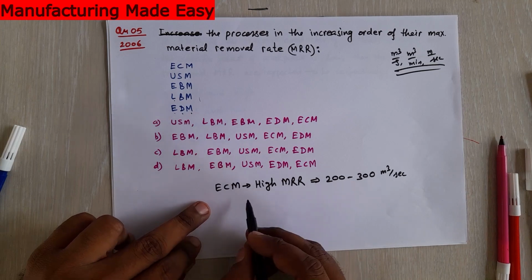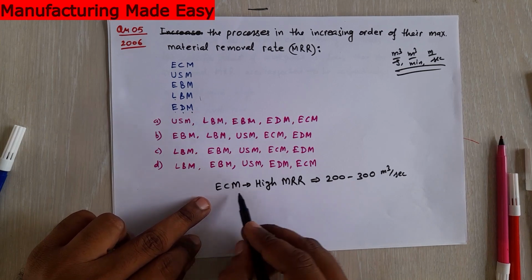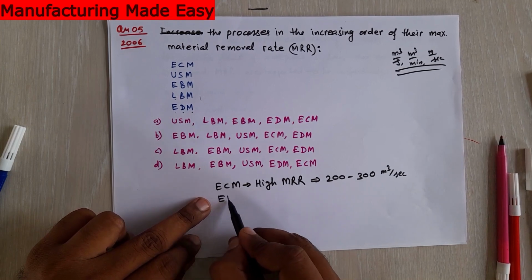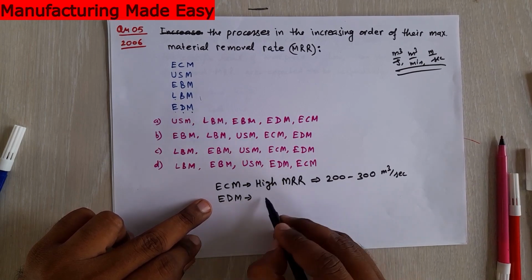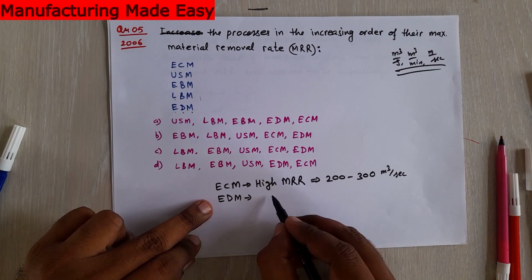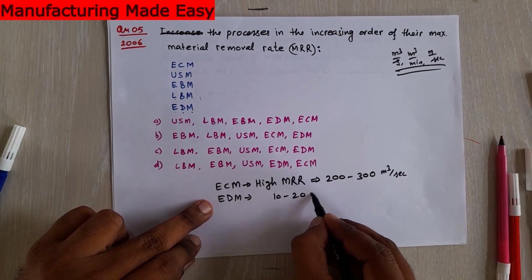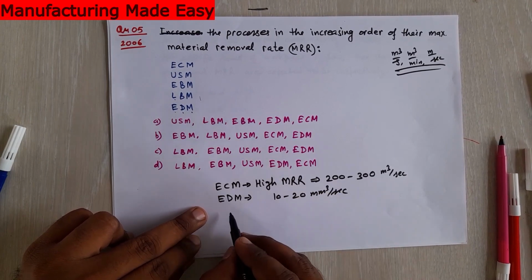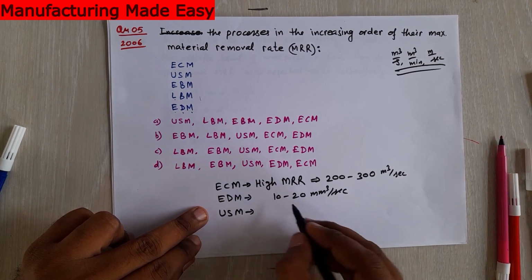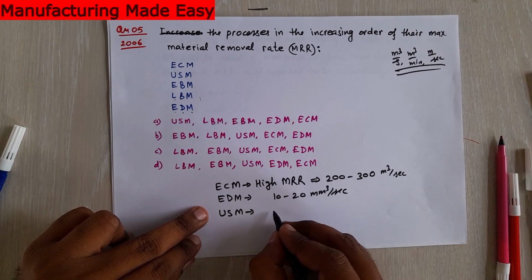Next is the EDM. EDM is less than electrochemical machining, and it is in between 10 to 20 mm cube per second. Then ultrasonic machining, which is generally considered as a linear material removal rate.